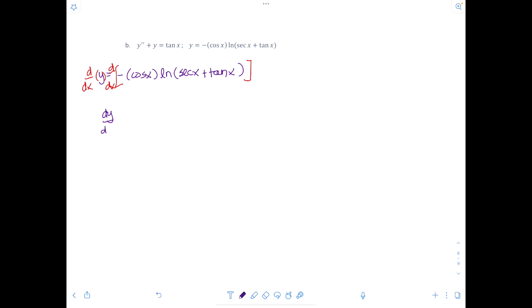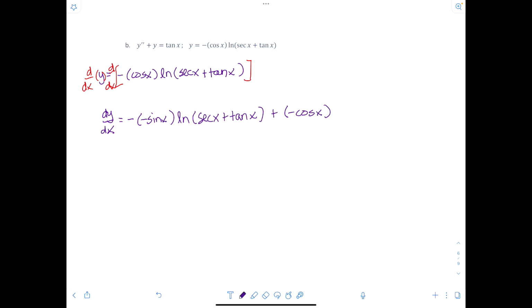dy/dx, or y prime, is equal to negative sine at x, that's the derivative of cosine at x. And then utilizing the product rule, I'm going to write that second factor, natural log at secant x plus tangent x, just as it was. And then I'm going to add to that the first term, negative cosine at x, times the derivative of the second.